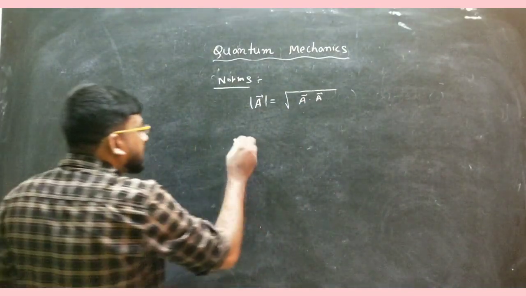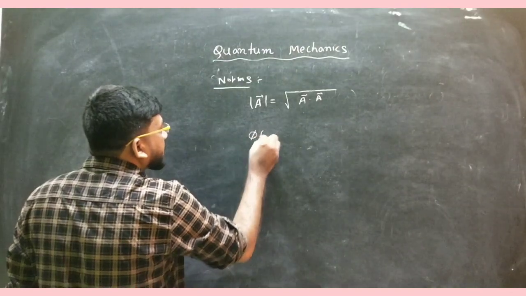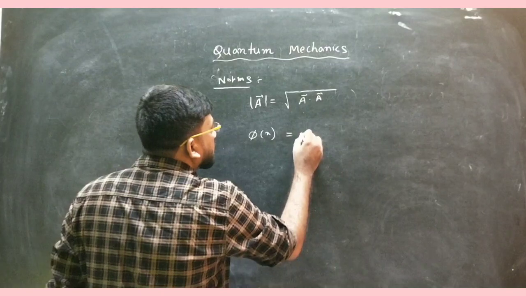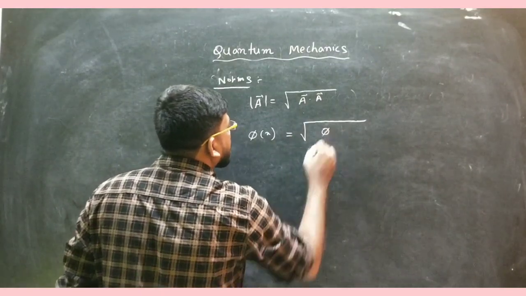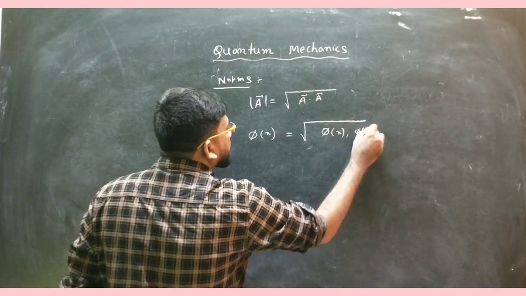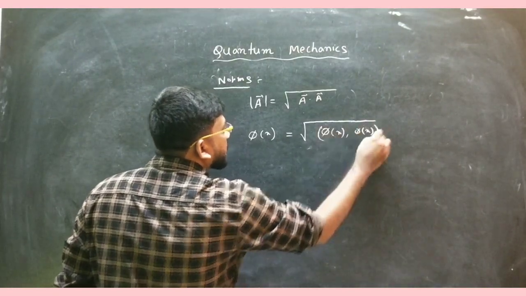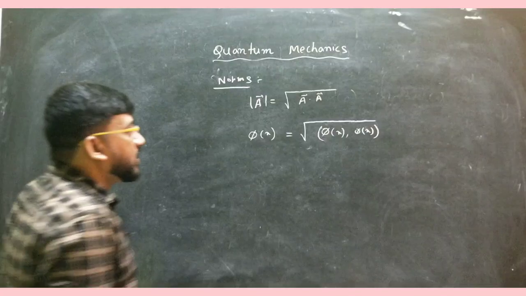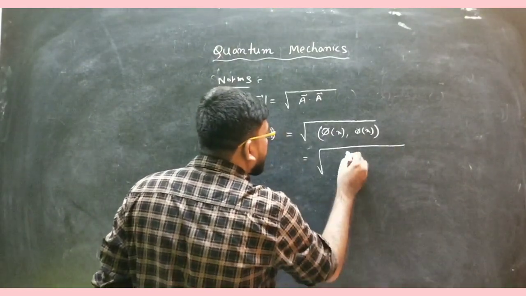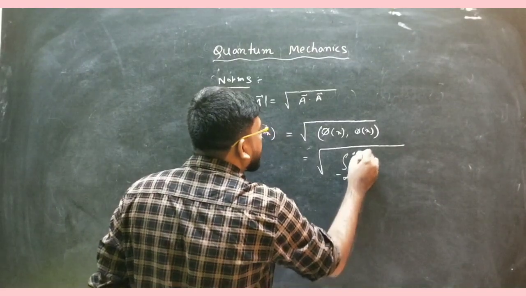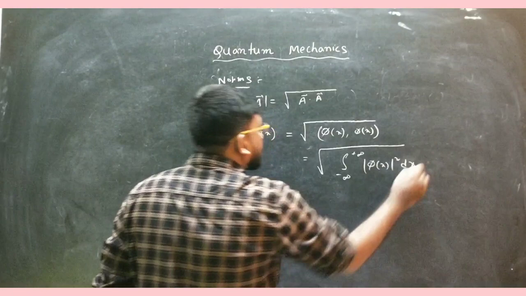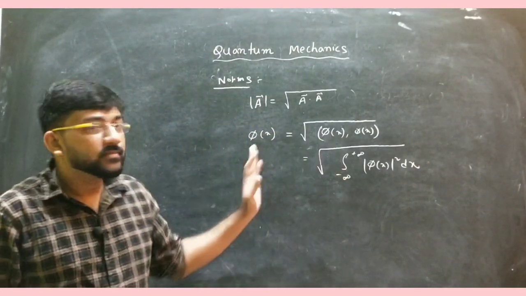Similarly here, if you want to write the norm of phi of x, that is obviously equal to the square root of phi with phi, the scalar product or dot product. And this is equal to root over the integral from minus infinity to plus infinity of mod phi of x whole square dx, that we have written earlier as the notation of this.